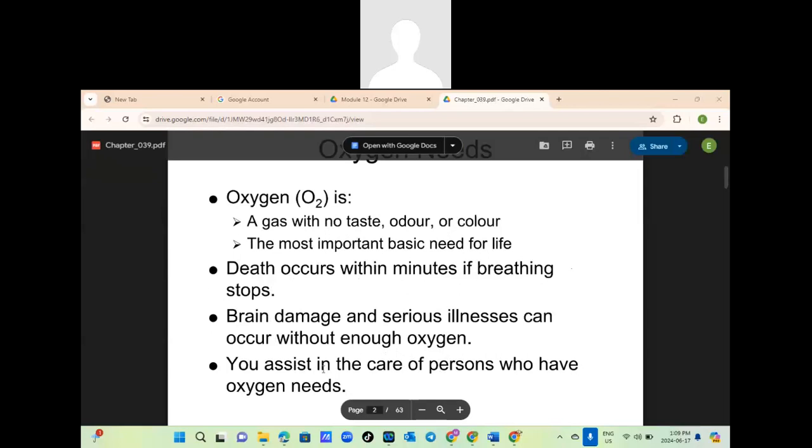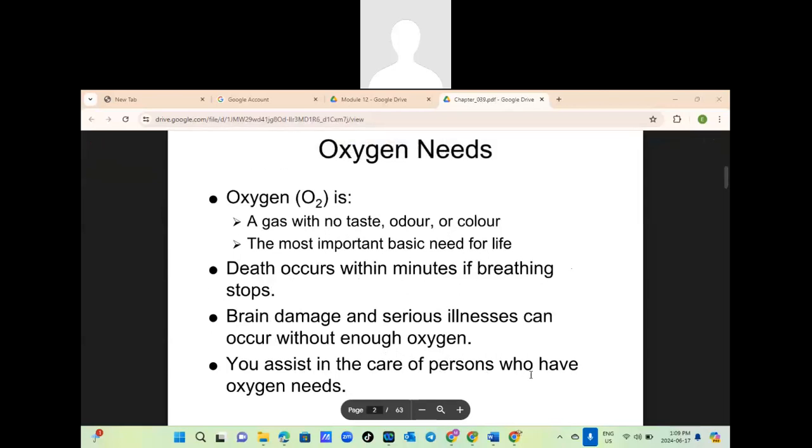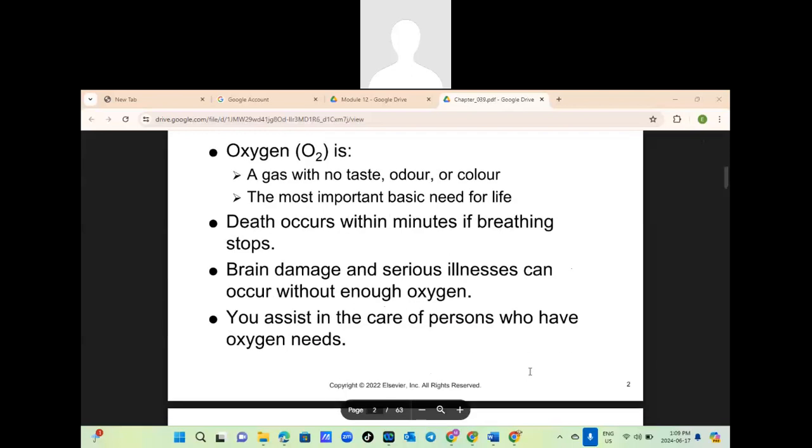So you assist in the care of persons who have oxygen needs, either in home care or in a facility, assisting clients or residents who have oxygen needs or oxygen therapy.